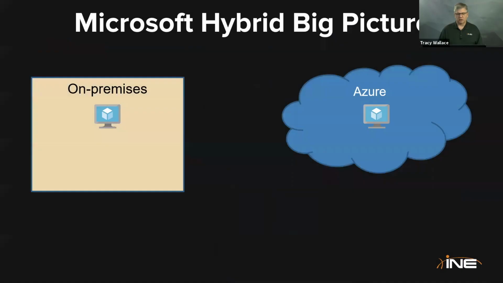Let's start by taking a look at the Microsoft Hybrid Universe. One of the things that Microsoft has done from the beginning with Azure, and in many ways they're out front of some of the other competitors, is looking at cloud as a hybrid endeavor. You've got your on-premises workload, you've got Azure, and if you're running Microsoft, they did everything they could to make that as integrated as possible. You can take a lot of what's on premises and push that into Azure.